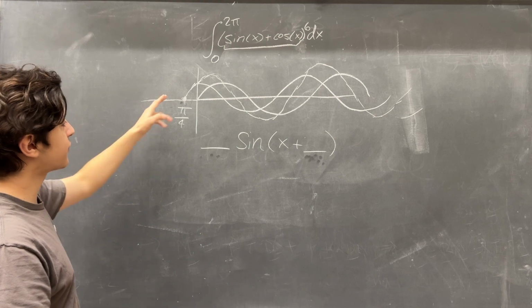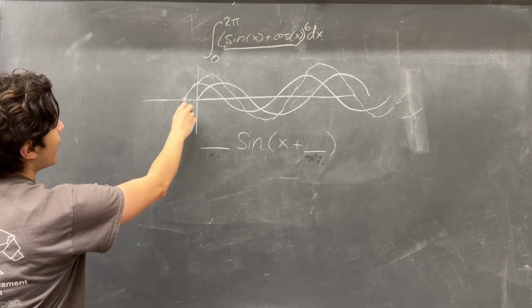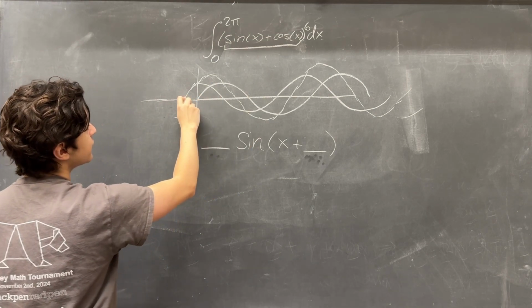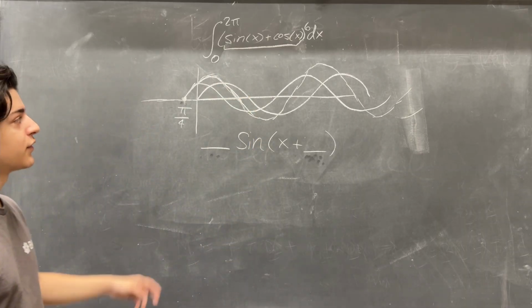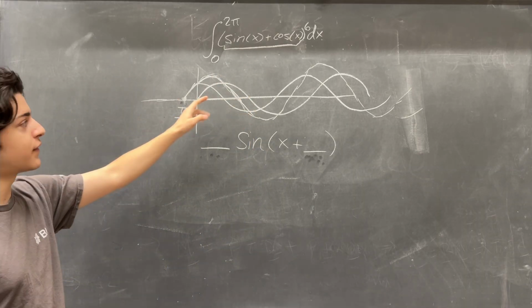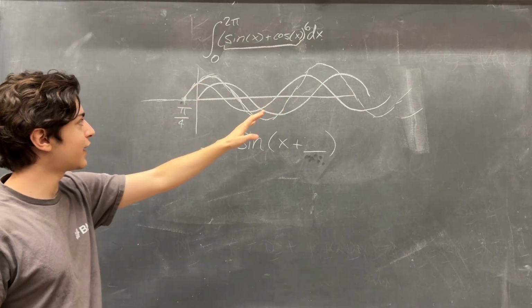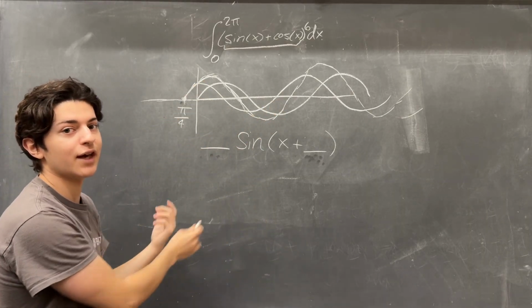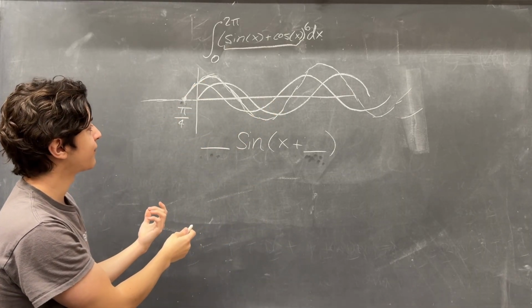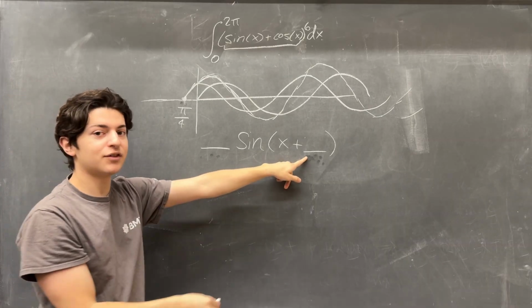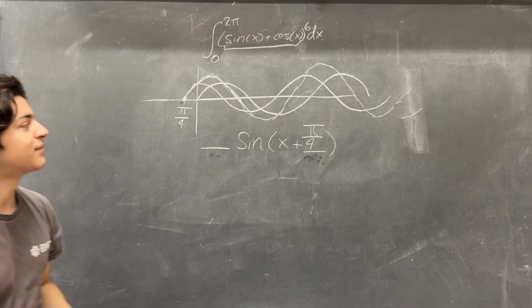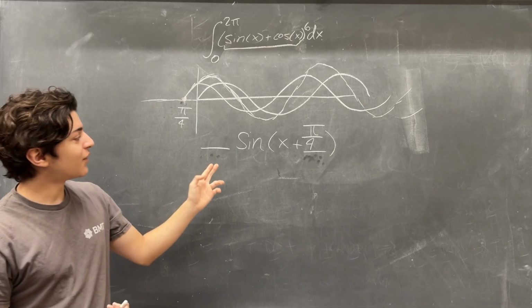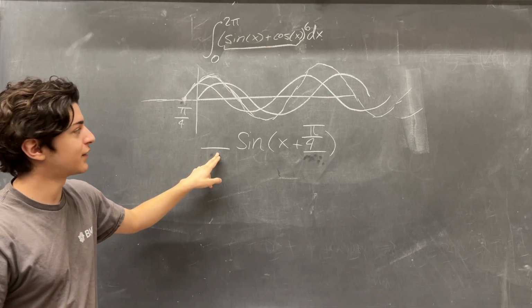So looking at this graph, we can see that from pi over 4 on out, this new graph right here looks like sine of x from this point onward, which means that this graph is exactly sine of x but shifted to the left by pi over 4, which means that the phase factor here is exactly pi over 4.